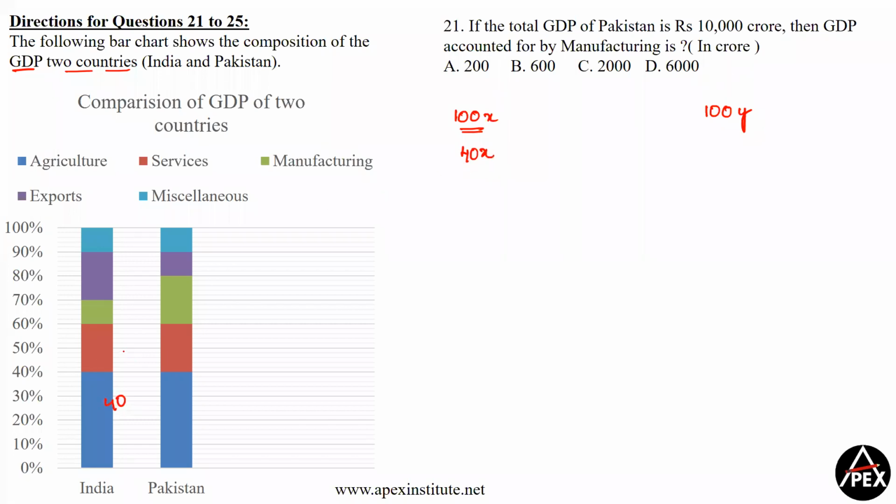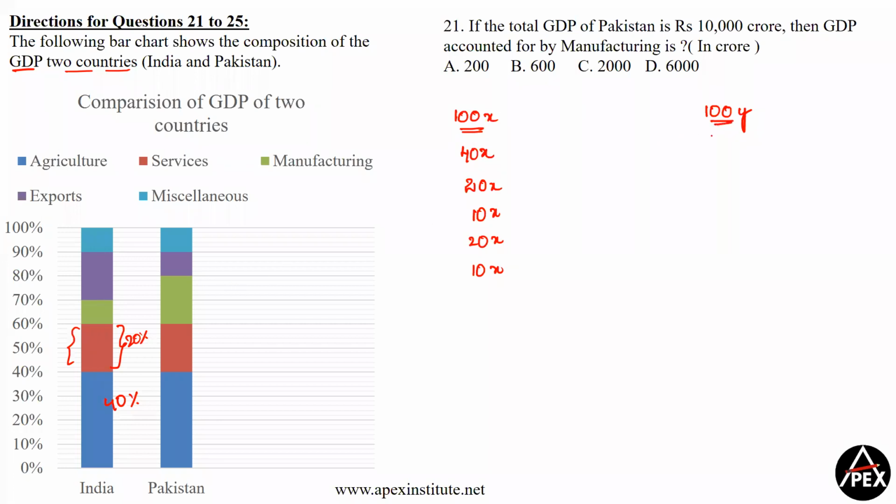So how much is spent on services? 20x. Perfect. So you need to consider the value of this part. So this is 20%, isn't it? So 20x is spent on services. Then again, 10x is spent on manufacturing, 20x on exports, and remaining 10x on miscellaneous.